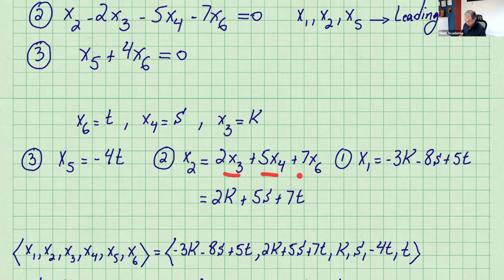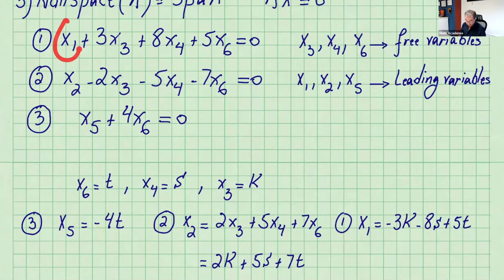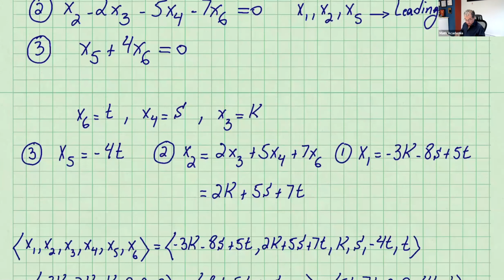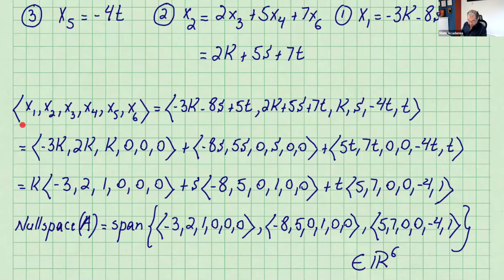You get 5k plus 5s plus 7t. And from equation 1, you get x1 equals negative 3k minus 8s minus 5t. Isolate x1 and substitute the parameters for x3, x4, and x6. Now you can write x1, x2, x3, x4, x5, x6 equal to, and put those expressions for each one more time.